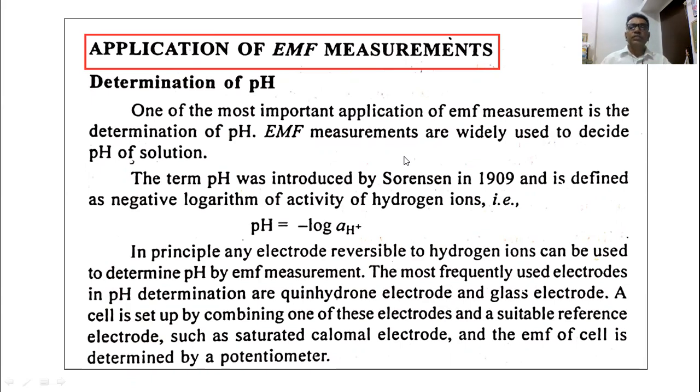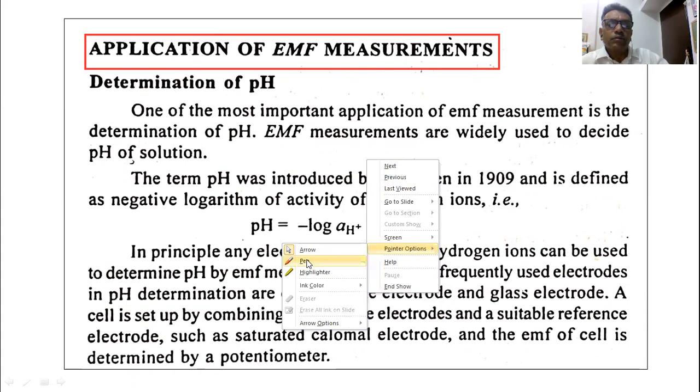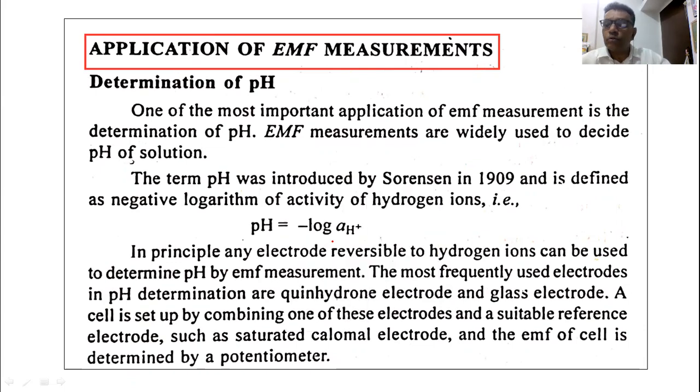So what is pH? pH is equal to minus log to the base 10 activity of the hydrogen ions. You can see this derivation here.